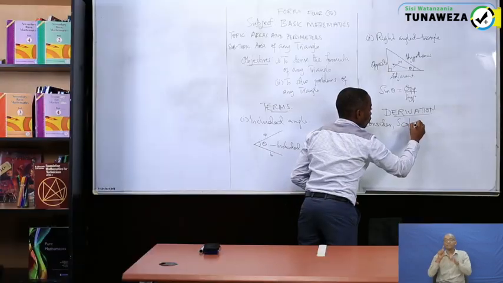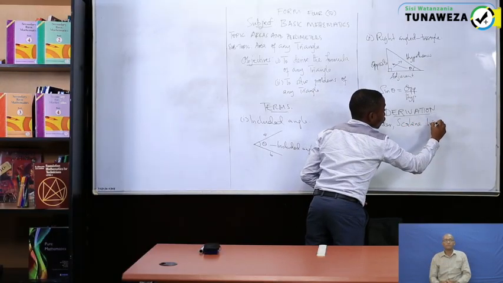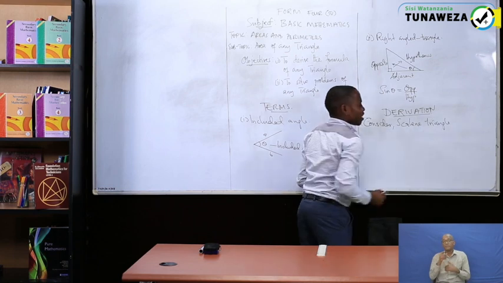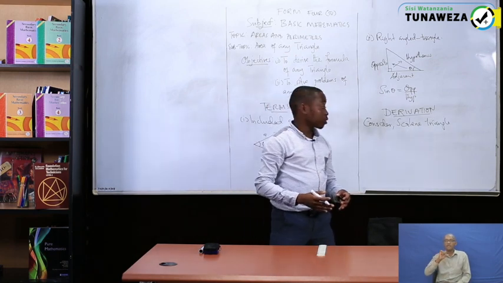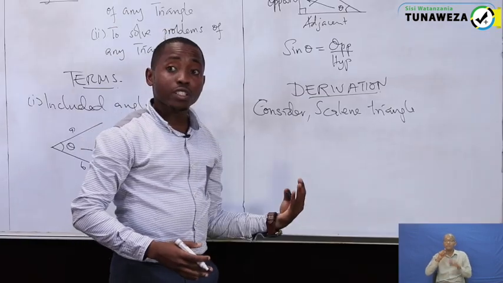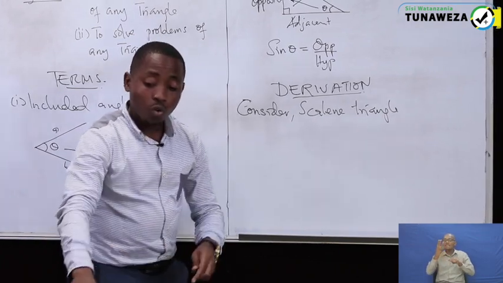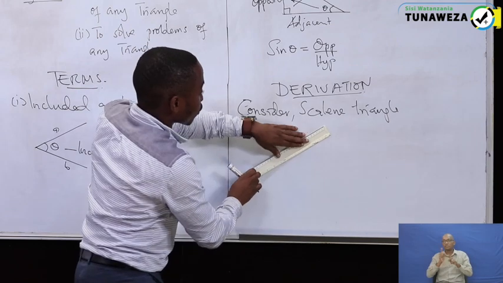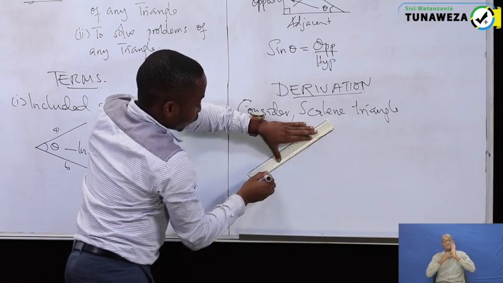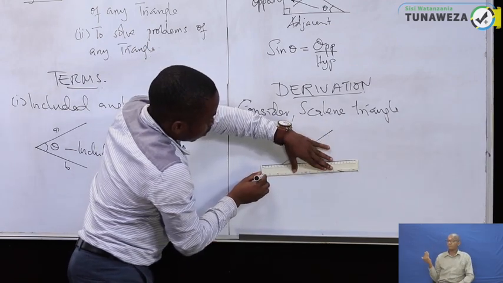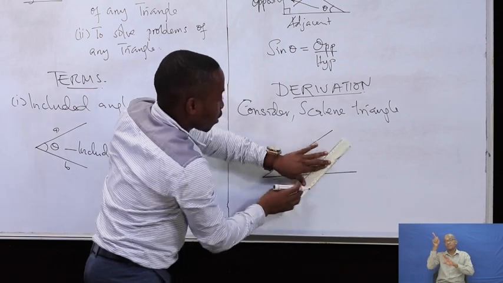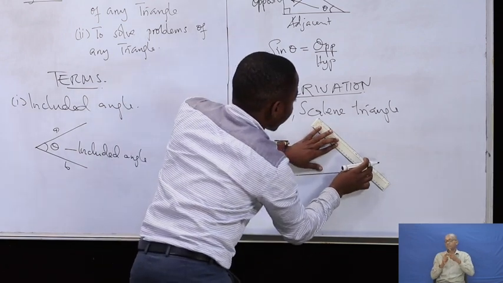As we know, a scalene triangle is a triangle in which all of its three sides are not equal. So for example, we have our scalene triangle like this one. The first side is this one, the second side, and let's say here we have the third side.